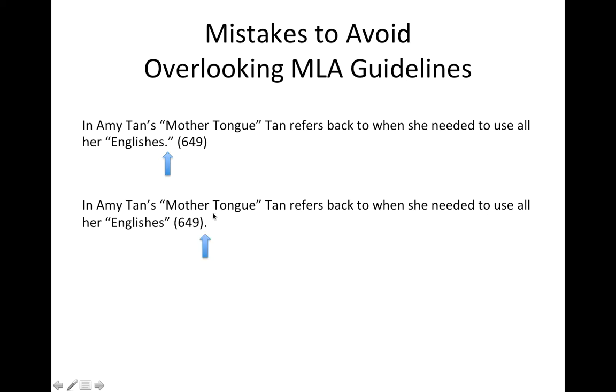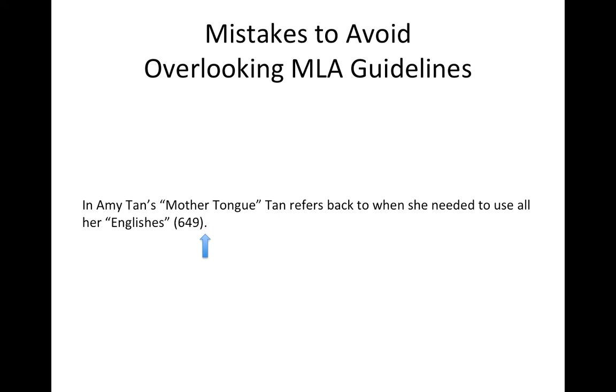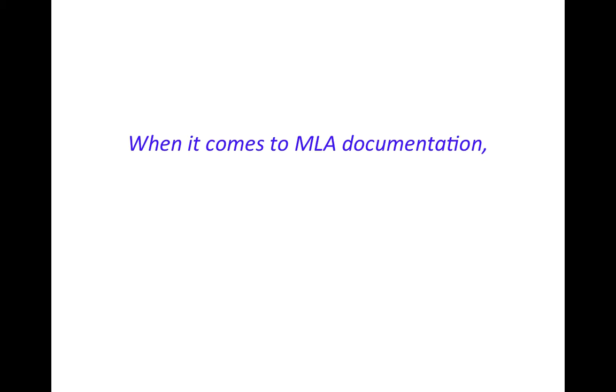Or do you put it after the in-text citation? And you'll notice there's no period here. Where do you put the period? You always want to put the end punctuation in the correct spot, and the correct spot is after the in-text citation. The period goes after the parentheses.